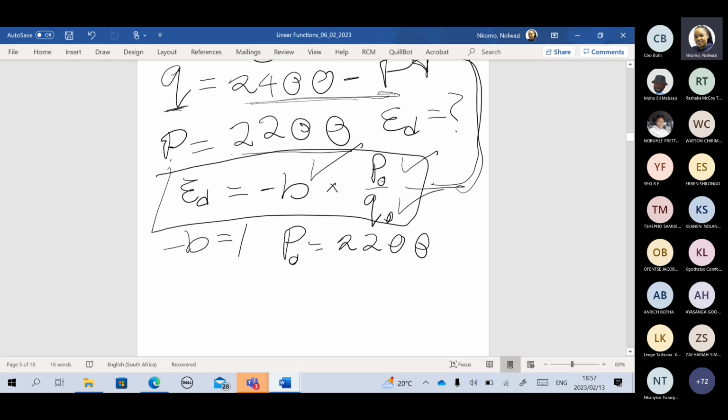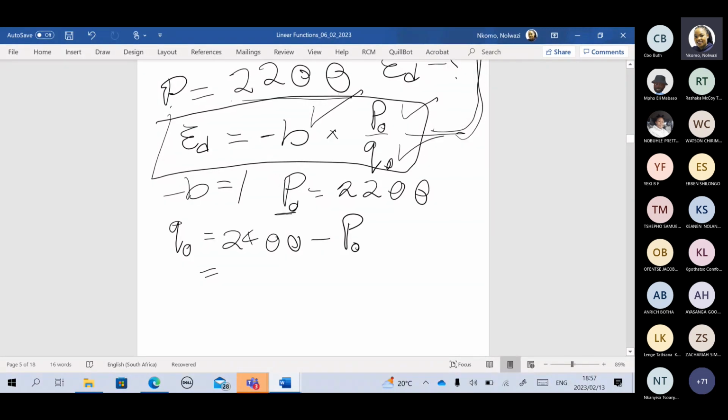We are given P naught, so if we substitute P naught here, we will obtain Q naught. So Q naught is equal to 2,400 minus P naught, and we know that P naught is 2,200, so we have 2,400 minus 2,200, which is 200, right? Okay.